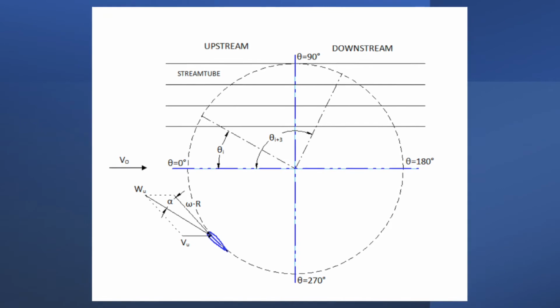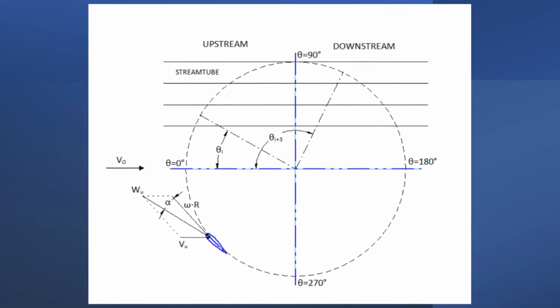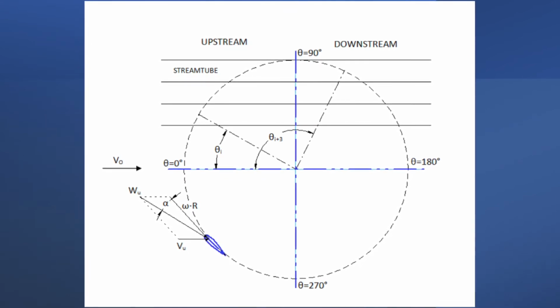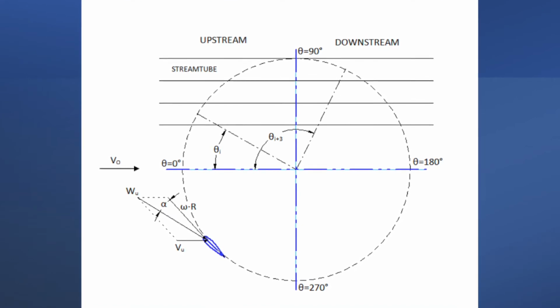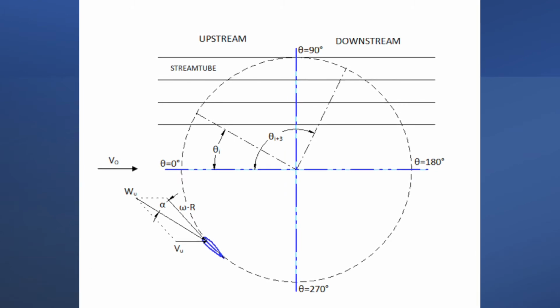The cleared volume of the rotor is divided into adjacent aerodynamically independent stream tubes. Each is recognized by its center theta point, which is characterized as the angle between the direction of the free stream velocity and the position of the stream tube in the rotor.